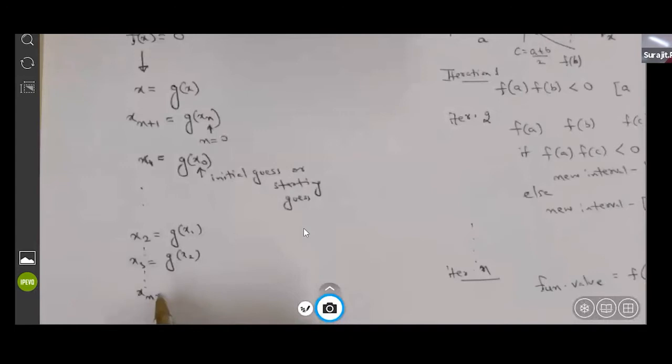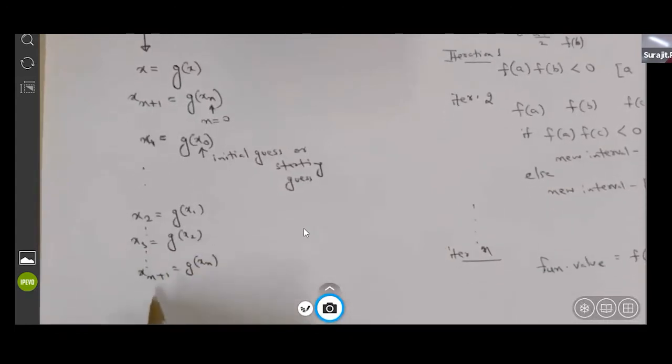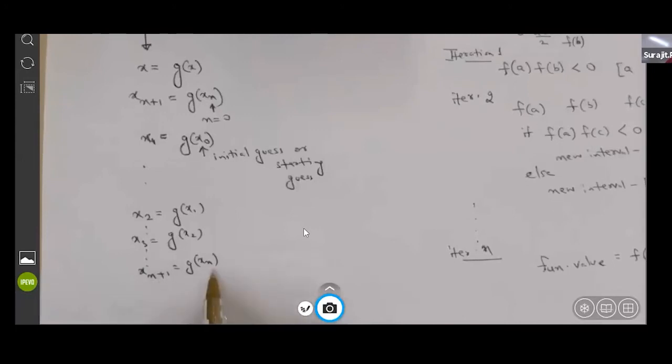And you stop when the difference between two successive values of x, for successive iterations, is close to the tolerance. So if the difference between two successive values of x is less than the tolerance, then you stop the iteration.